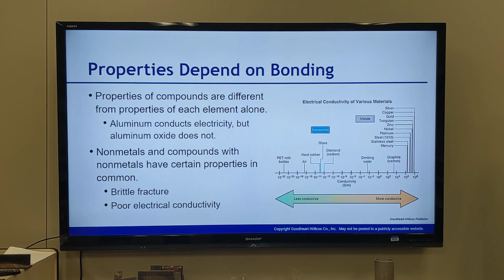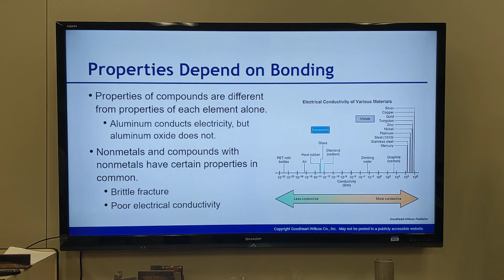But then we look over here and we start getting into our metals. Stainless steel and mercury are on the bottom of the list, but they're still a lot better off than something like graphite. Also, we get to steel, platinum, nickel, zinc, tungsten, which is what we weld with. And then you have gold, copper, and silver, which are our three big ones when it comes to electrical components.